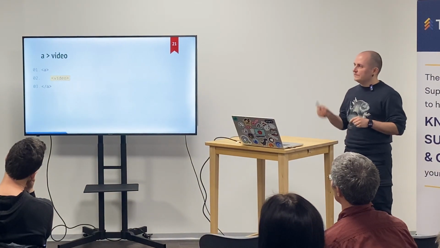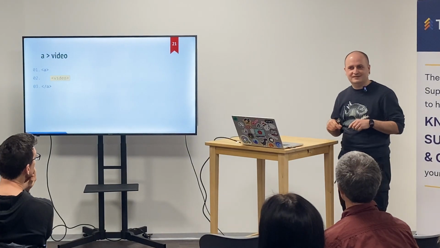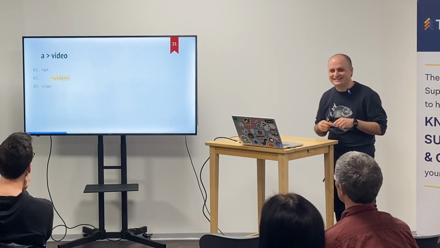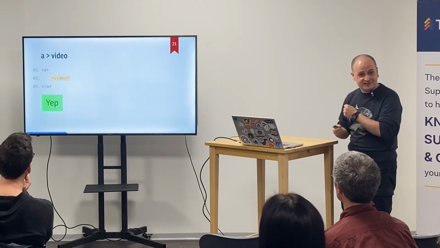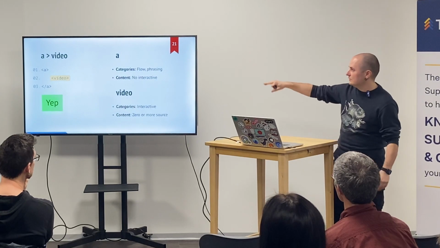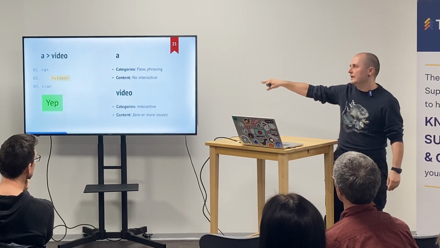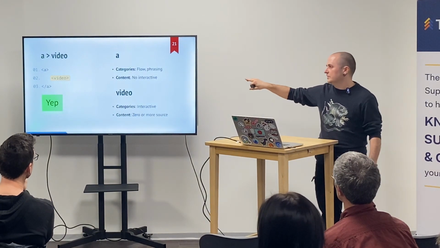But what about this one? Can we put a video tag inside of a link? What do you think? Yeah, sure, why not? Yes, no problem. Why? Because no interactive elements are allowed inside of A. It's not the full list, but specifically no interactive elements.